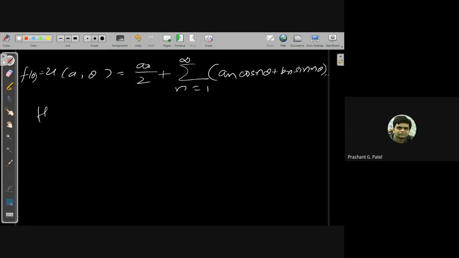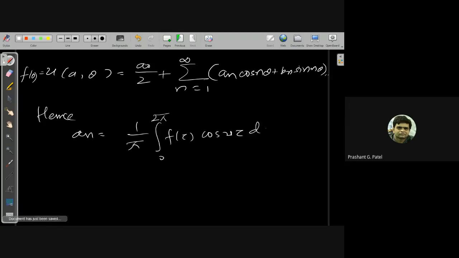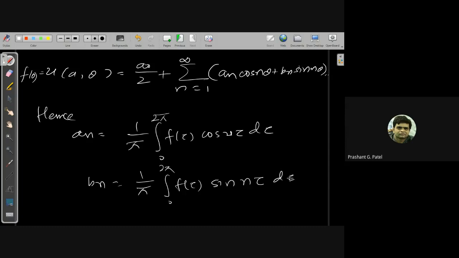Hence we get the value of an: an is 1 by pi, integral 0 to 2 pi, f(tau) cos n tau d tau, and bn is 1 by pi, integral 0 to 2 pi, f(tau) sin n tau d tau.